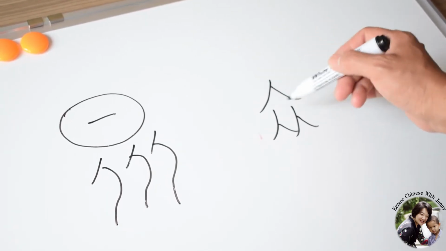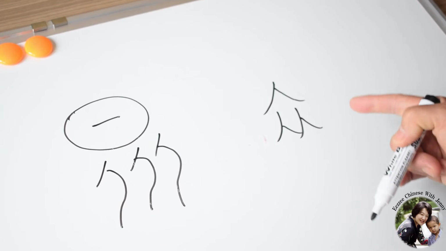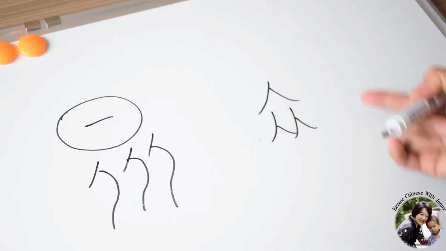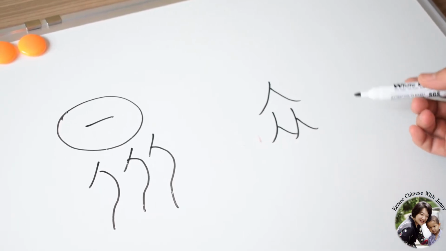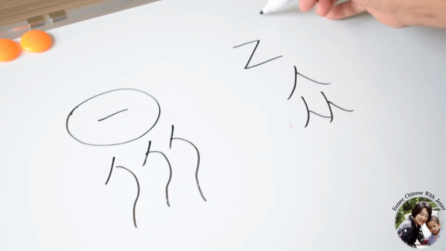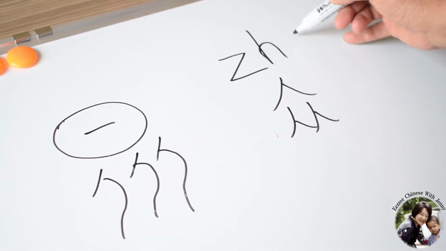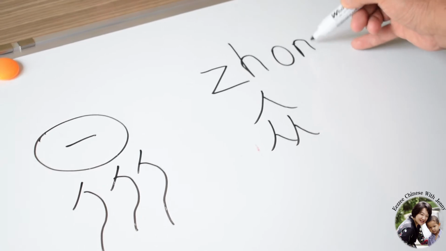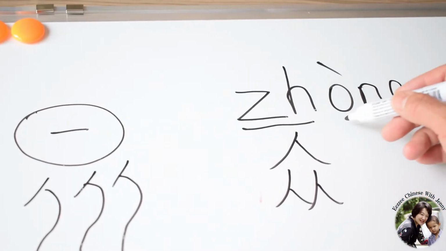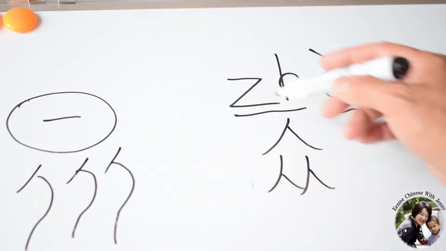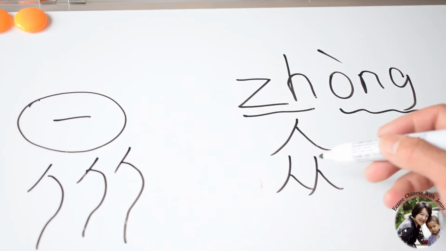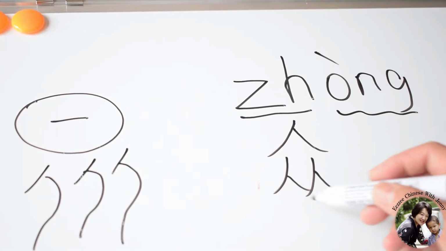So 3 people formed one character, meaning many people, crowds, and the pronunciation is zhong. Zh is the consonant, ong is the vowel, zhong, 众. 众 means crowd.